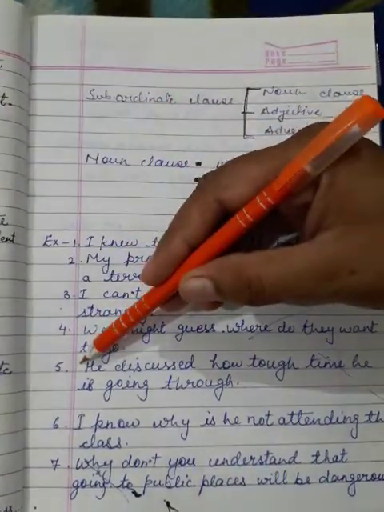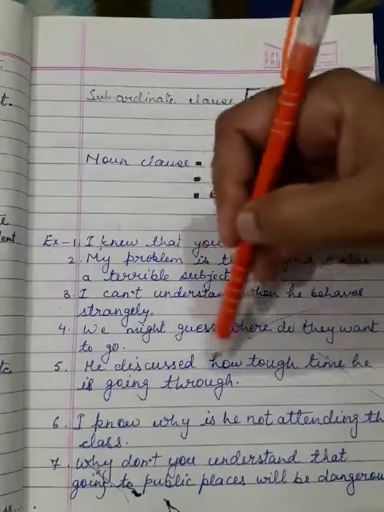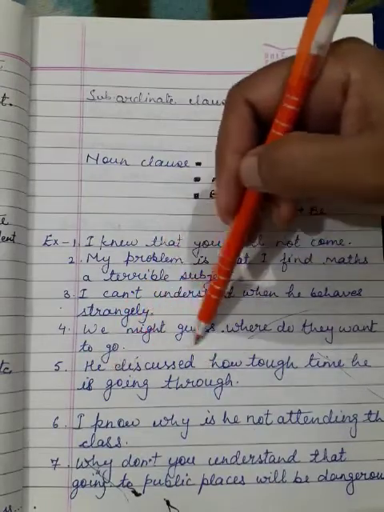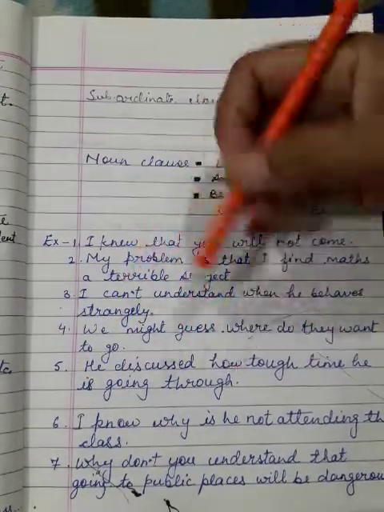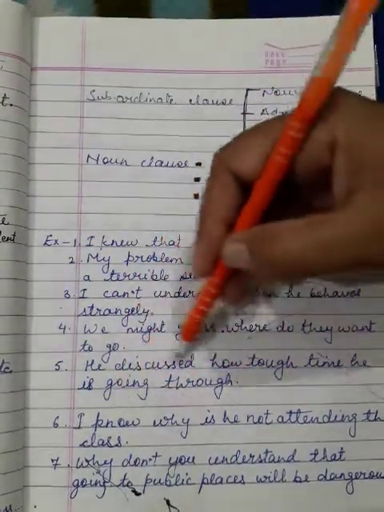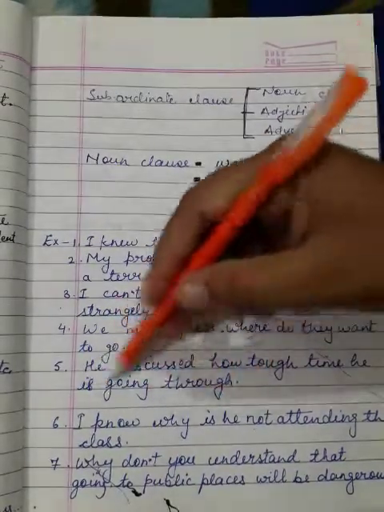Number 5, he discussed how tough a time he is going through. Now what is he discussing? That how tough a time he is going through. So again, this is the first clause and this is the other clause. This is asking for what and this is answering of what.